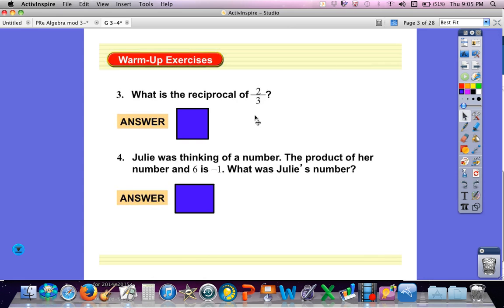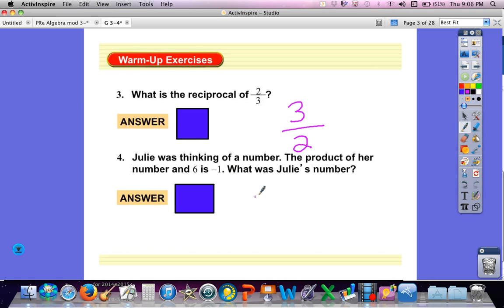Next problem, what is the reciprocal of 2 over 3? The reciprocal would be 3 over 2. Now, Julie was thinking of a number. The product of her number and 6 is negative 1. Okay?